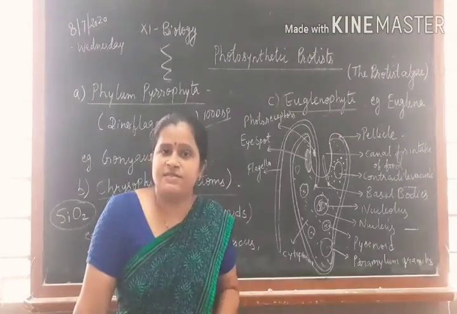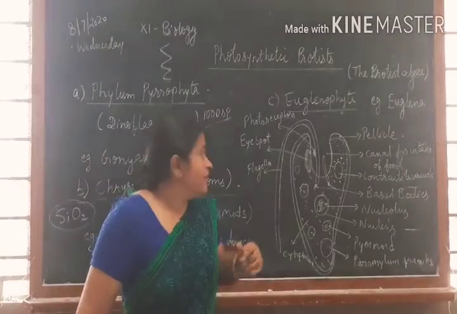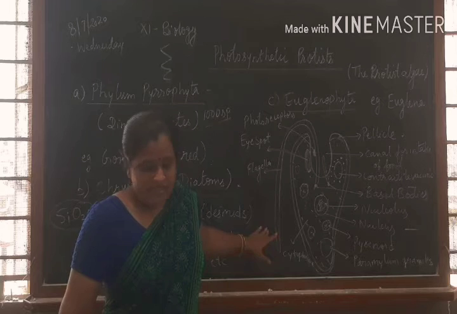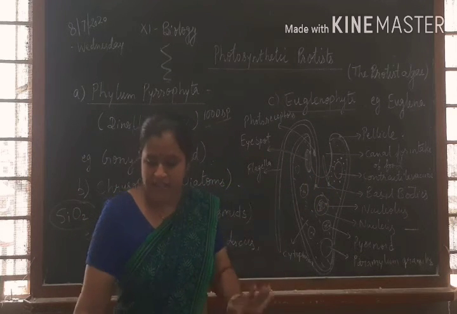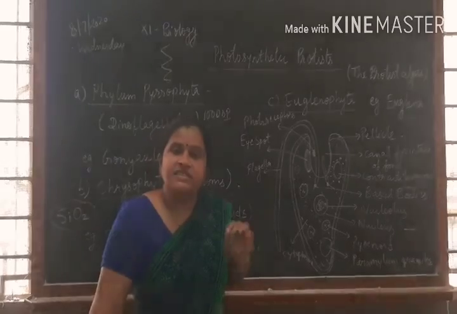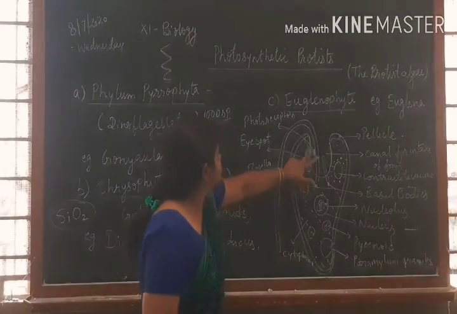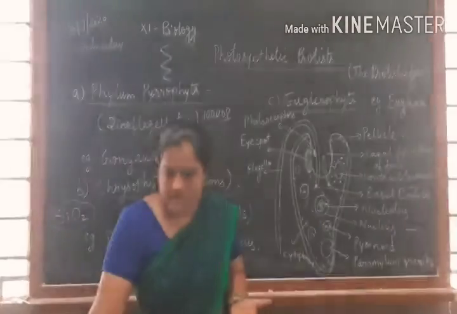Because it is flexible in shape. A cell wall isn't flexible, but the pellicle is flexible. And here you can see that flagella are present, one large and one small. They are light sensitive. As I said, the eye spot and photoreceptors are there for photosynthesis.